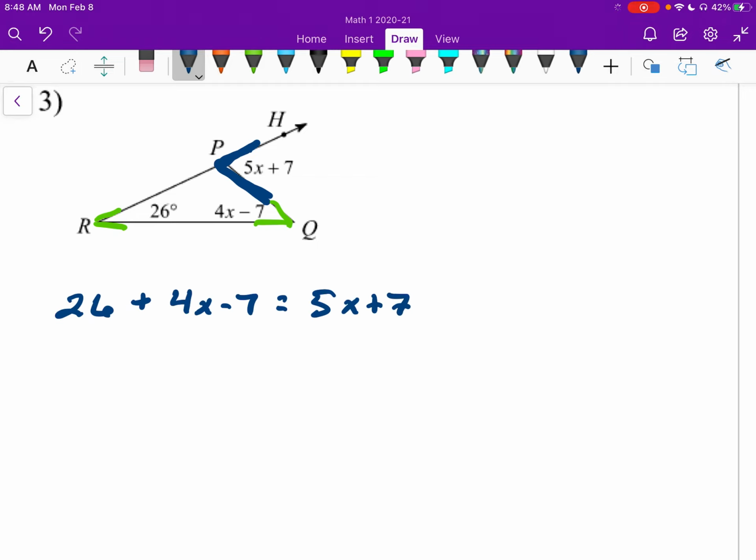I'm going to combine like terms on the left. So my 26 and my negative 7 turn into a 19. So 4x plus 19 is 5x plus 7. I'm going to subtract my 7 to the other side, and I'm going to subtract my 4x.